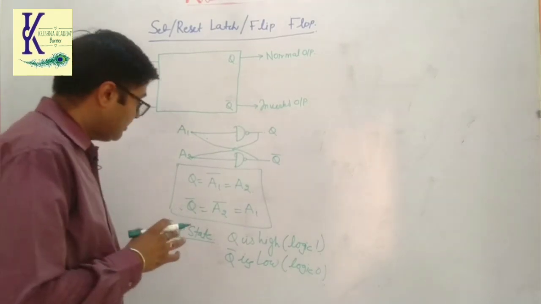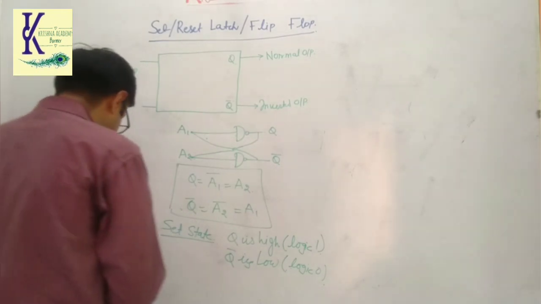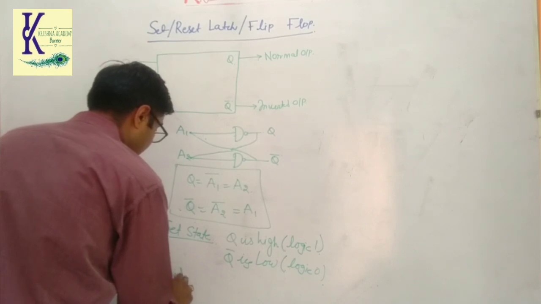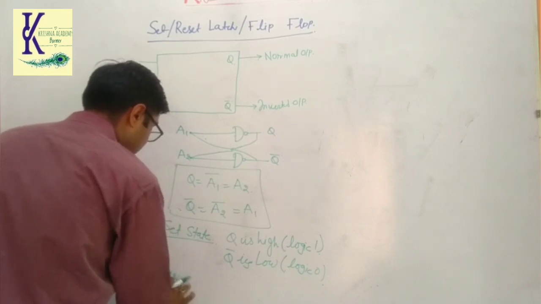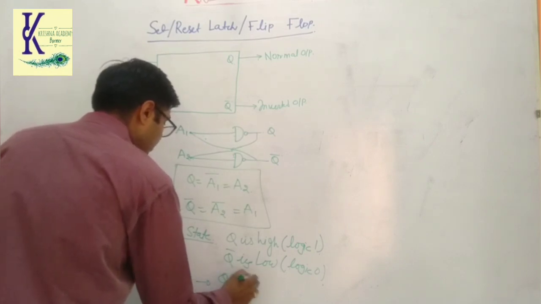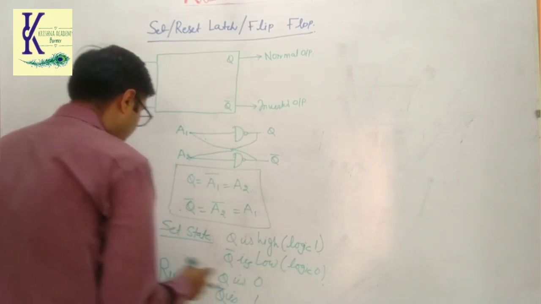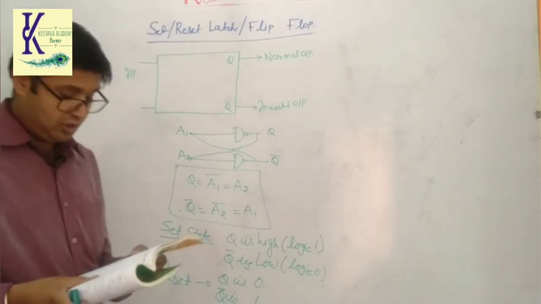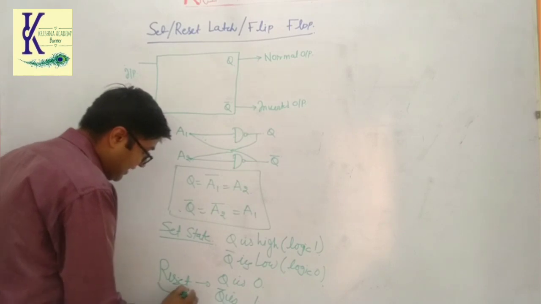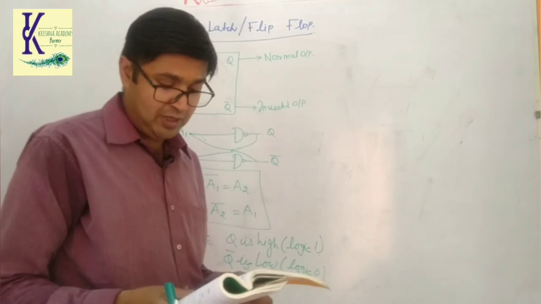Again, in the reset state, Q is 0 and Q bar is logic 1. So this will be called reset. There are two states, set and reset, to illustrate the formula.